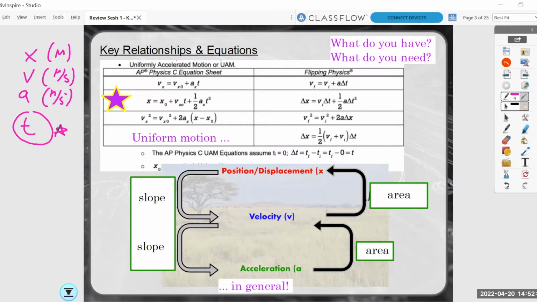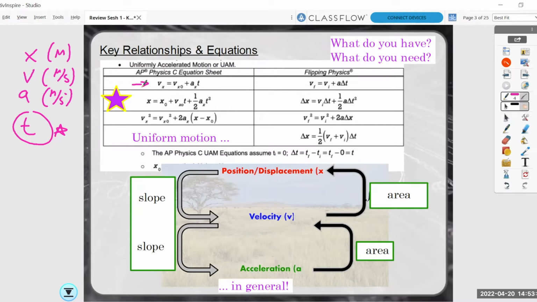So when we're looking at our three kinematics equations here, we of course have that first one where final velocity equals initial velocity plus acceleration times time. That first equation is going to tell us how our velocity changes with respect to time. If we're accelerating, how are we speeding up? Are we slowing down?